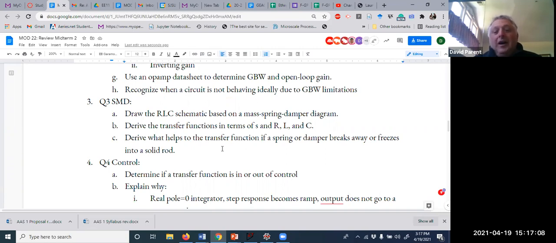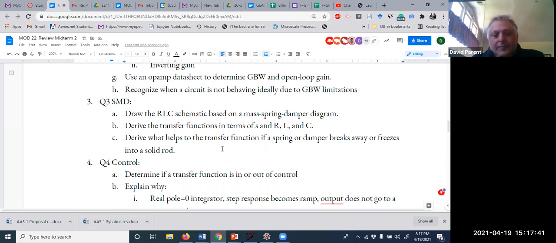And then derive the transfer functions in terms of S, R, L, and C. But you're not going to get a problem where I'm giving you the damping coefficient, the mass, and the spring coefficient, and then you have to convert that to R, L, and C, and then determine if it's over, under, or critically damped.